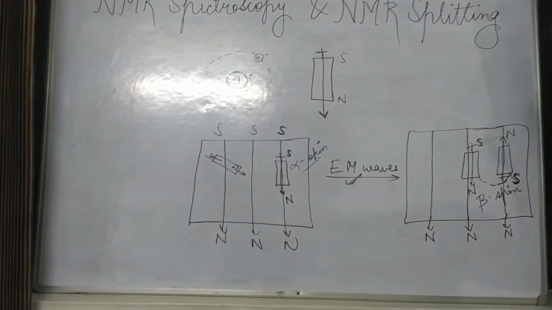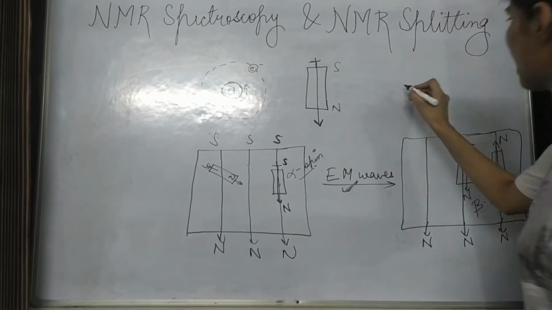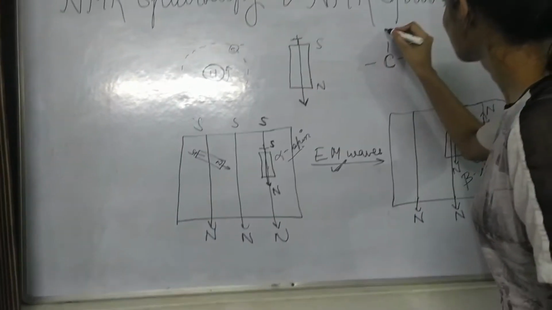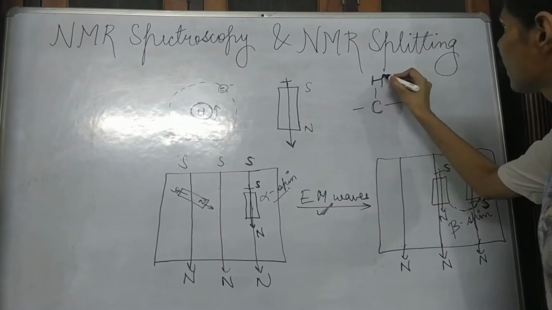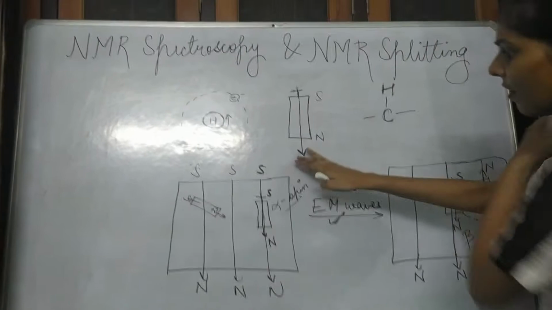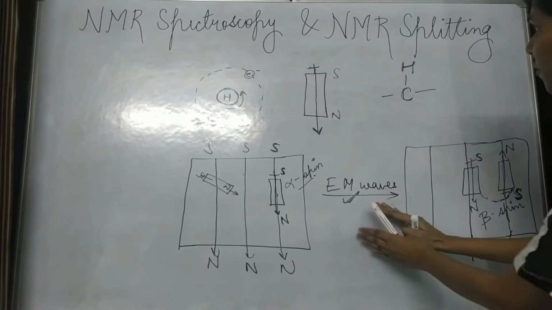So consider a molecule like this. See, this is a hydrogen atom. We have taken the hydrogen atom here and given alpha spin and then beta, by providing the energy of EM wave.